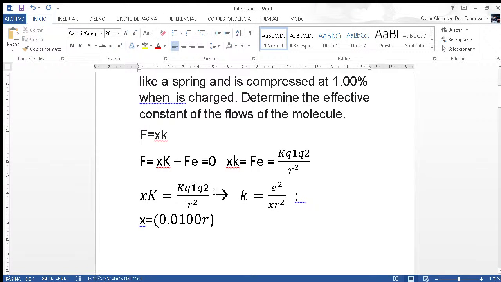So we need to find this K. If we clear K, we're going to have this equation.